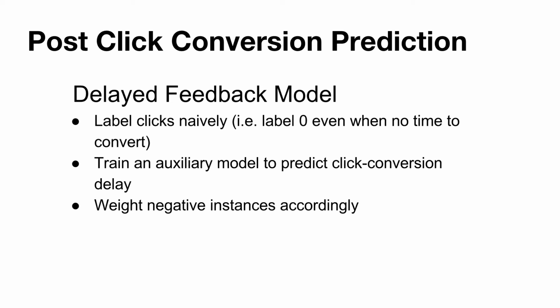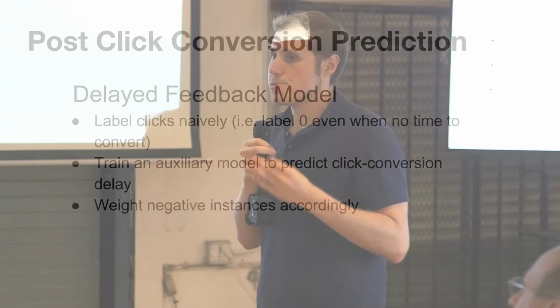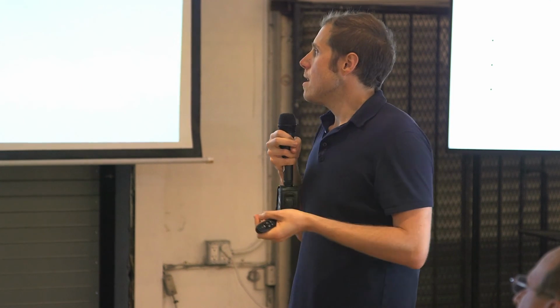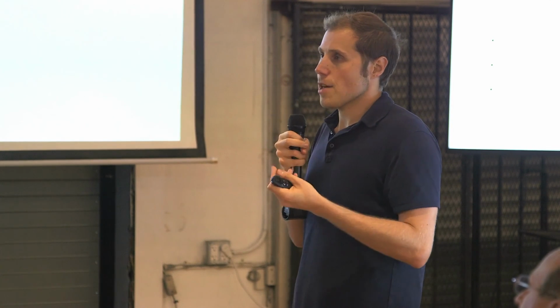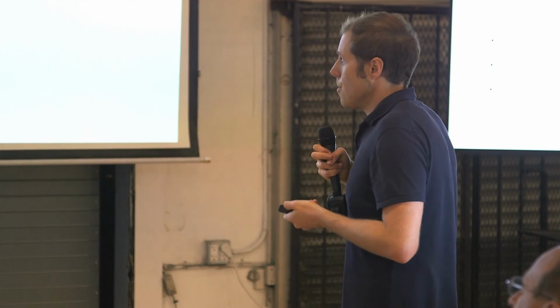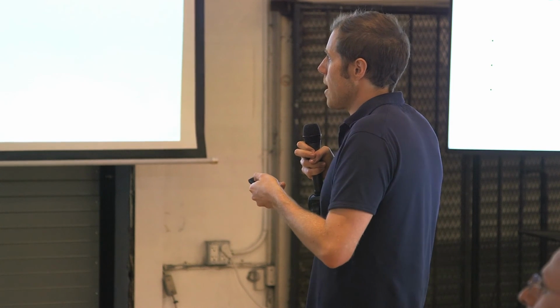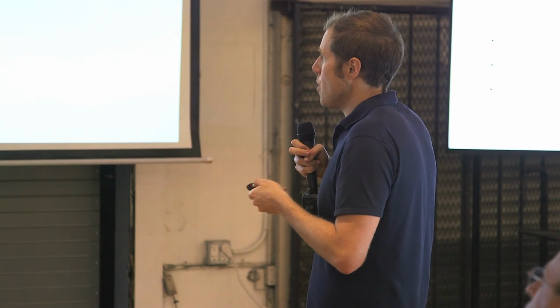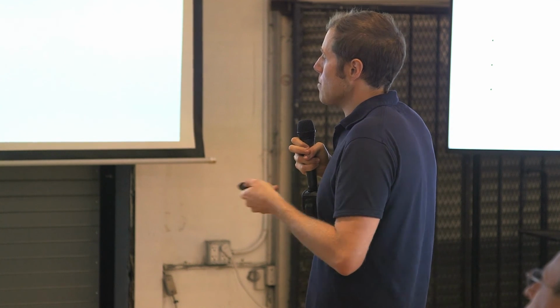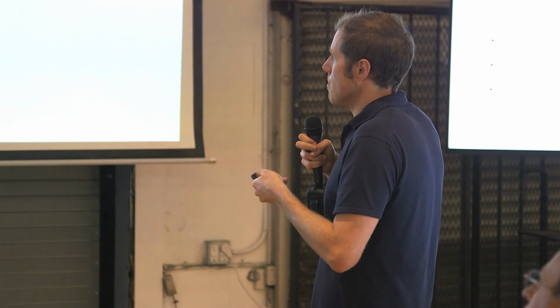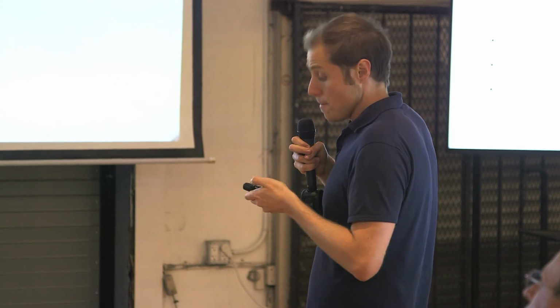If this auxiliary model says that conversions happen really fast and we've had 1 day, we say, okay, if it hasn't converted by now, then it's not going to convert. But if our auxiliary model says conversions take a while for this click, then since this click's only had 1 day to convert, there's some evidence that it's not going to convert, but let's not take it too seriously. So at the end of the day, the negative instances are weighted in accordance with how much time they've had to convert and how long the click-conversion delay is predicted to be.